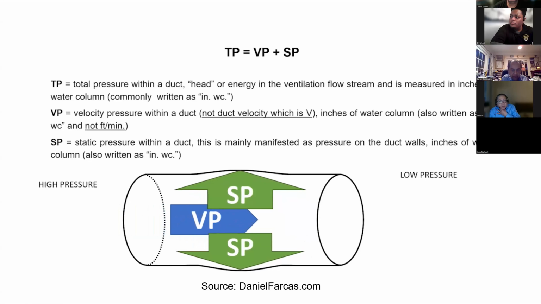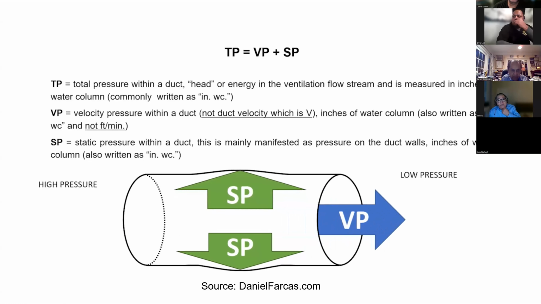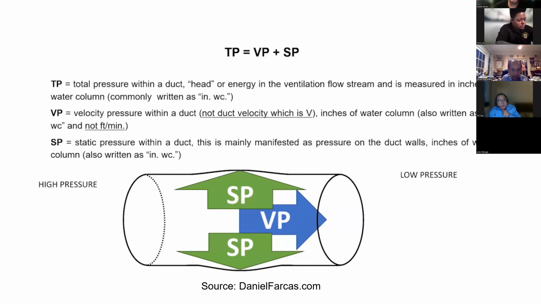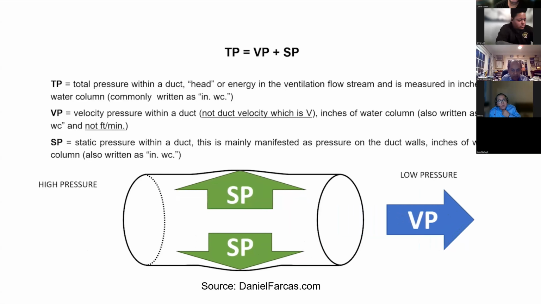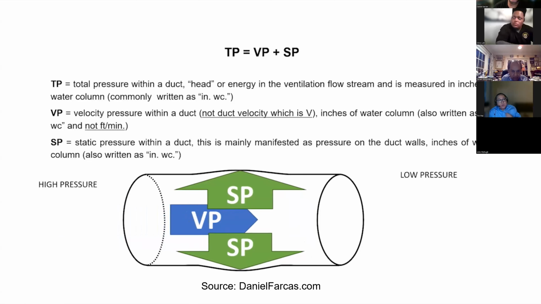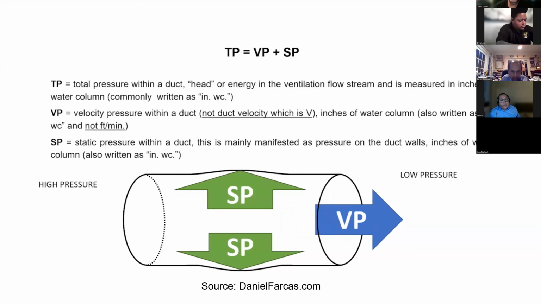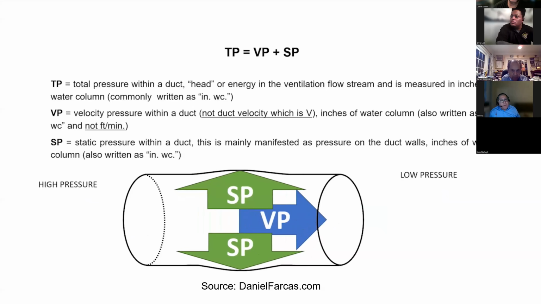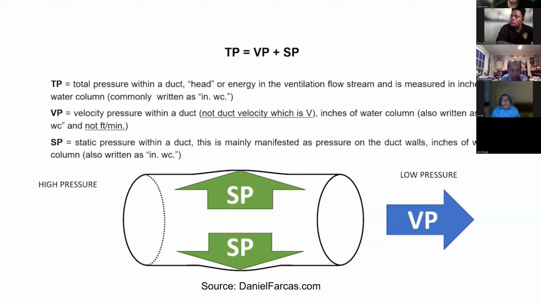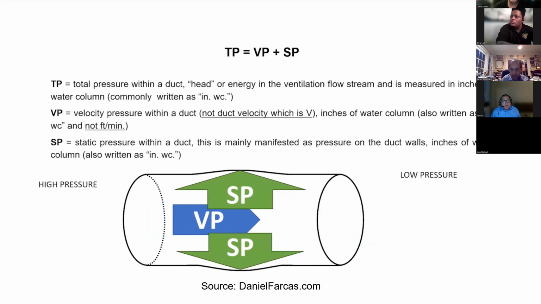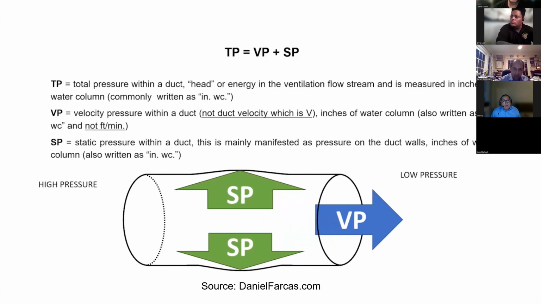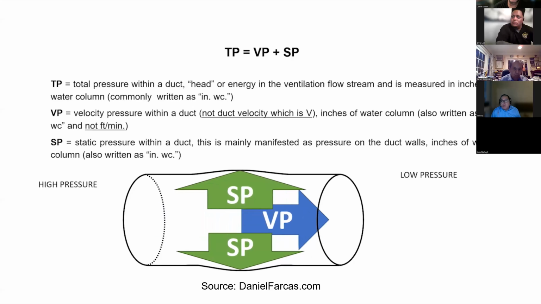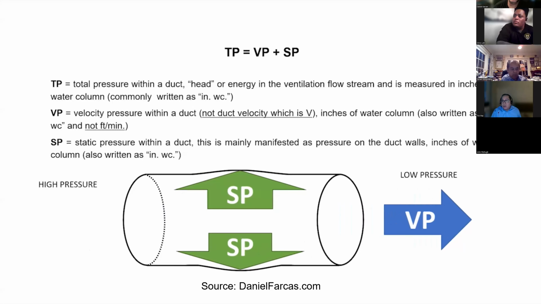And the total pressure, as the formula shows, is velocity pressure plus static pressure. Total pressure, annotated with TP, is also known as the head or energy in the ventilation flow stream and measured in inches of water column. You'll see the letters IN as in inch and WC for water column.